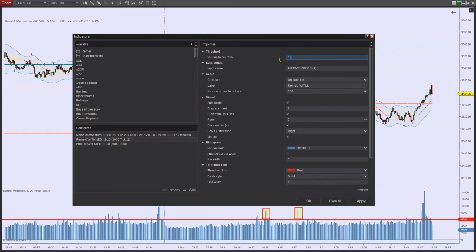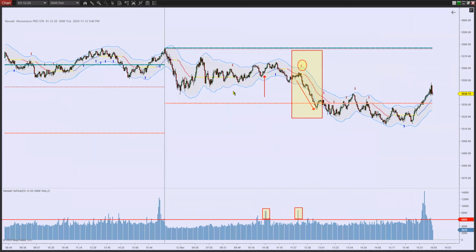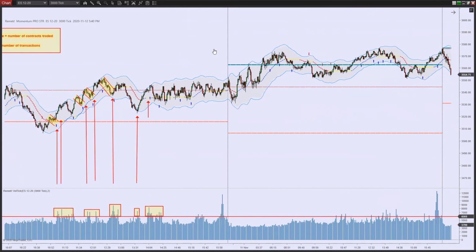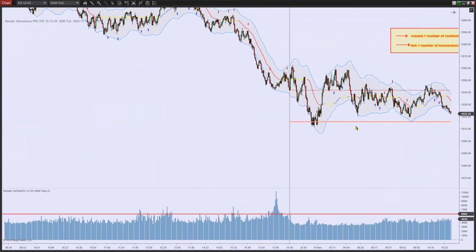Whatever this value is, you can arrive at a value that might work for you. Also, the value might depend on the tick size that you choose. Some people are okay on a 3,000 tick ES chart. Some people prefer a 500 tick ES if you're a tick chart trader. So with a little experimentation, you can certainly put this indicator to good use.